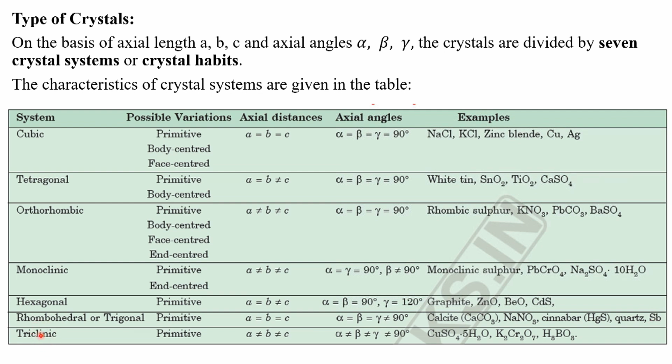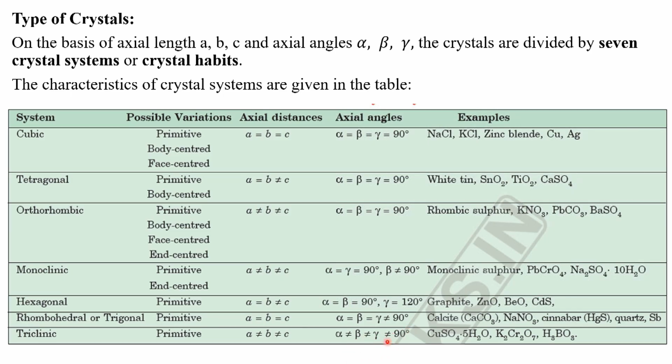And the last one, the seventh one, is triclinic. The possible variation is primitive here. Here a not equal to b not equal to c, and alpha not equal to beta not equal to gamma not equal to 90 degrees. So all three angles and all three axial distances are different here.